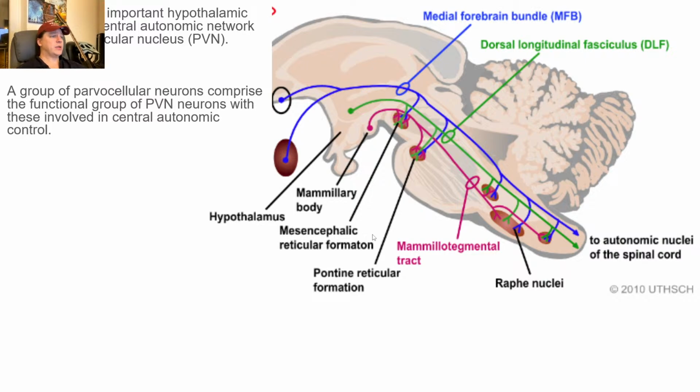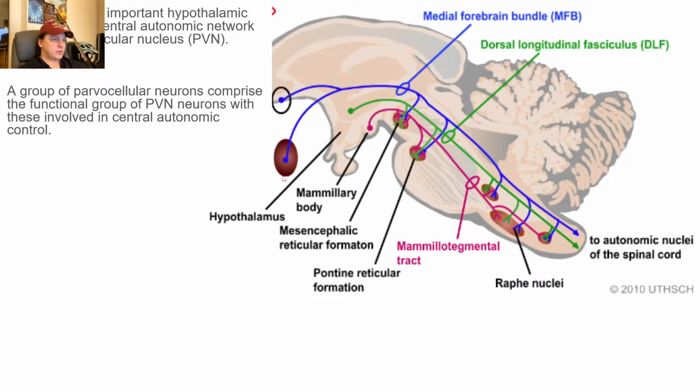Here once again, the main centers of the autonomic regulation, which are also associated with the sympathetic, and which give some innervation to the sympathetic components which go to the sweat glands and to the ciliary nerves, which dilate the pupil.